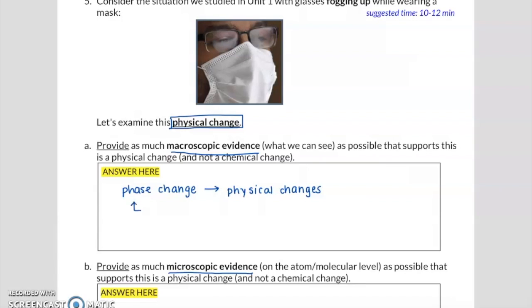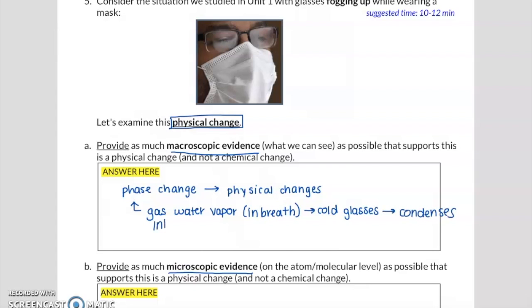And here we have the gas, water vapor, that exists in this guy's breath. That gas, water vapor, is hitting the cold glasses, reaching the point of condensation, and it condenses into liquid water droplets.